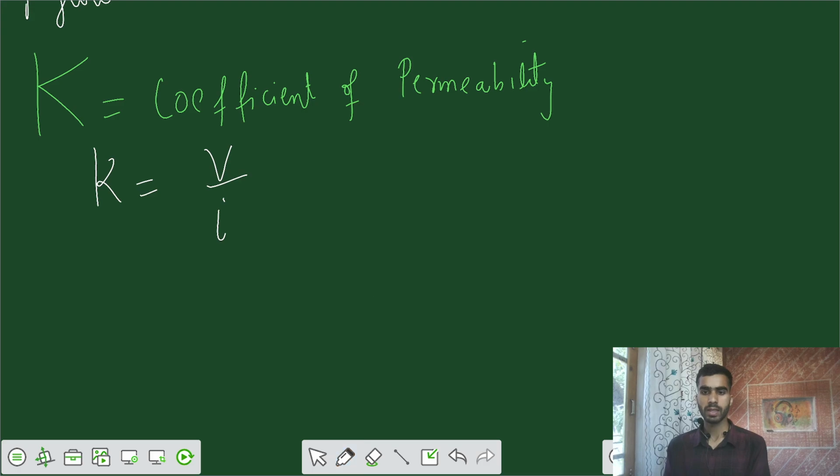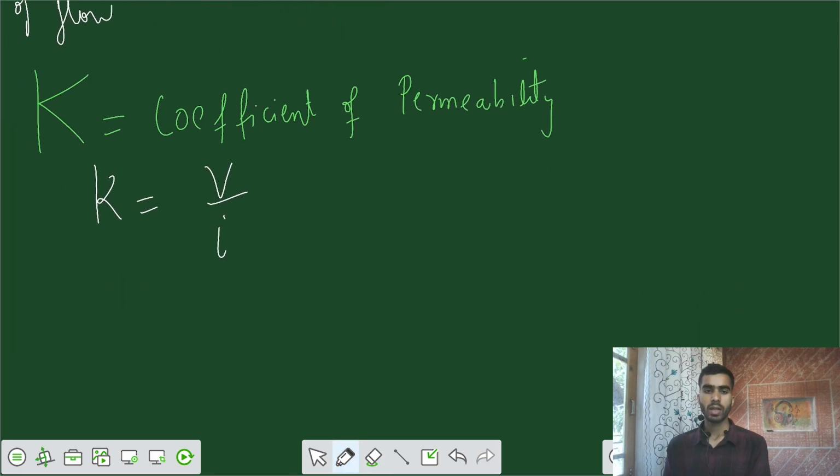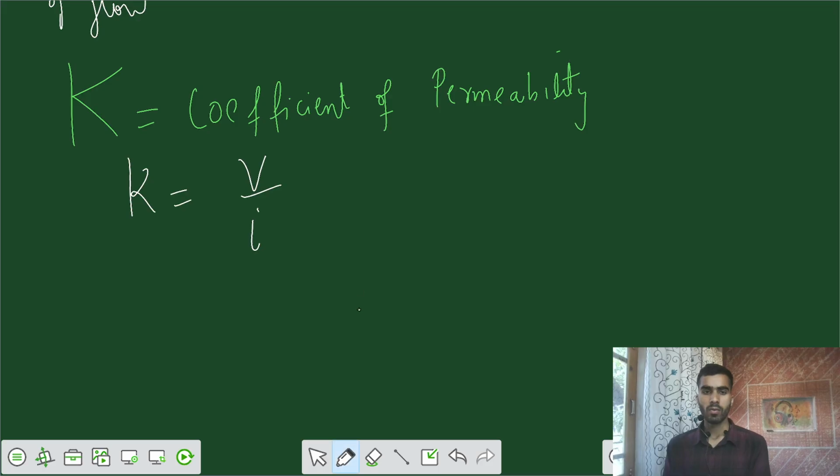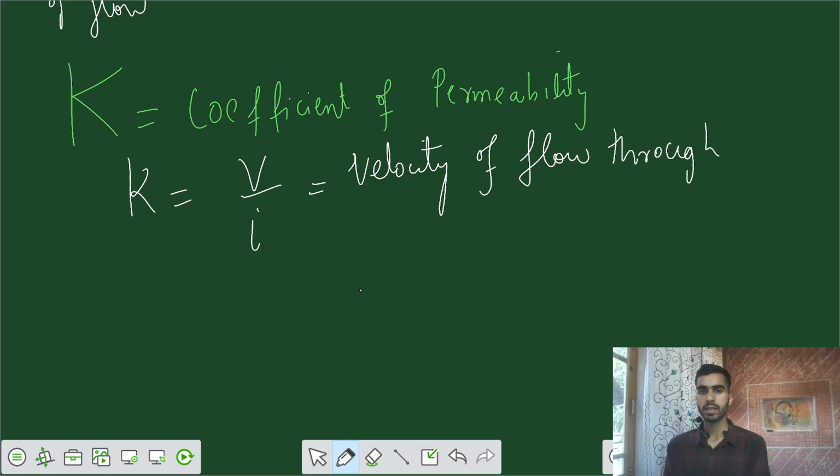This is the velocity of flow through the soil under unit hydraulic gradient.